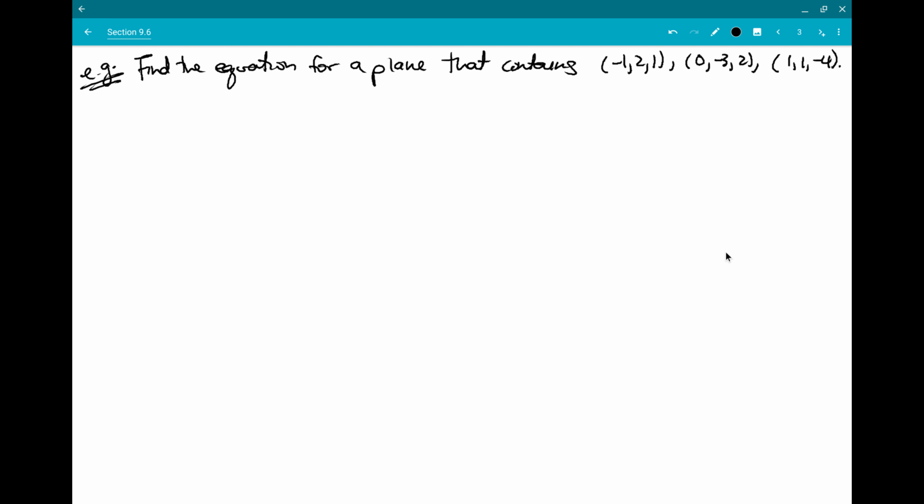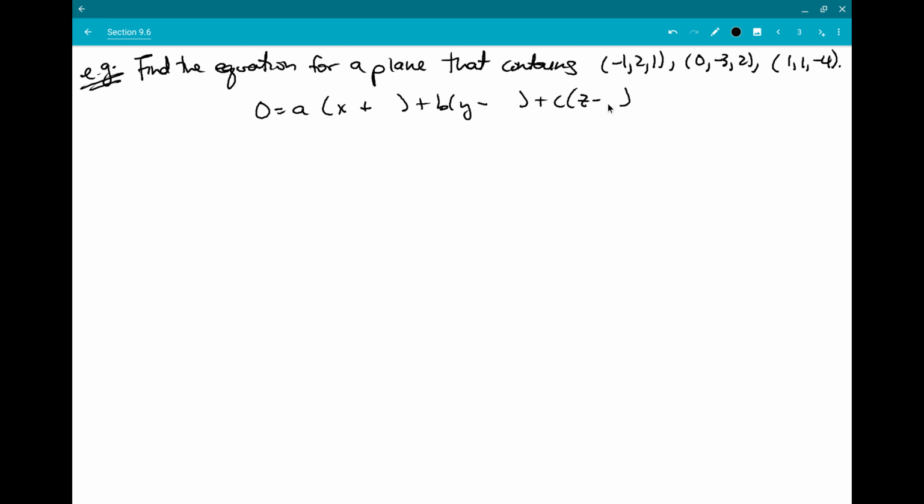So if somebody gave you this problem, you would say right away, okay, it's a plane problem. I know I need a times x minus x0 plus b times y minus y0 plus c times z minus z0. And then you would say, somebody gave me lots of points, so I can at least fill in my x0.